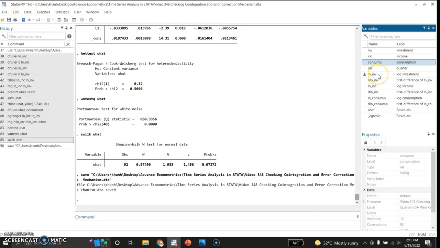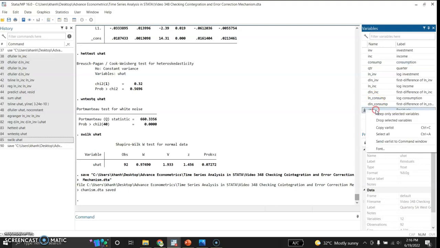Then I have converted the investment variable into natural log of investment, and this is the natural log of income, and this is the natural log of consumption, and I have also taken the first difference of the log of investment, the first difference of the log of income, and the first difference of the log of consumption.